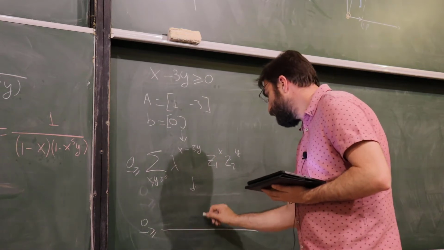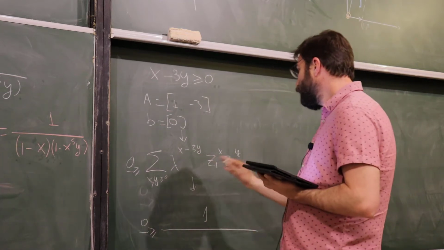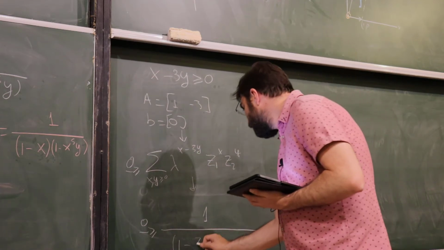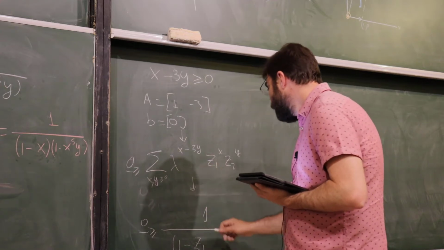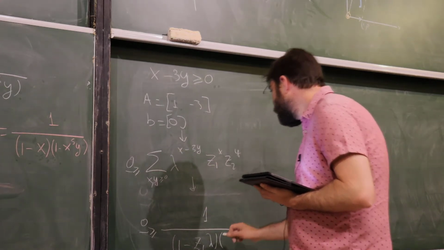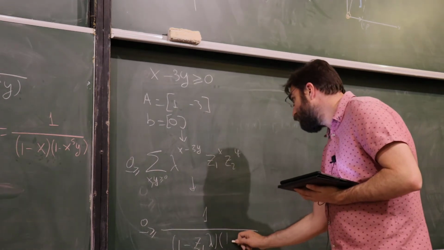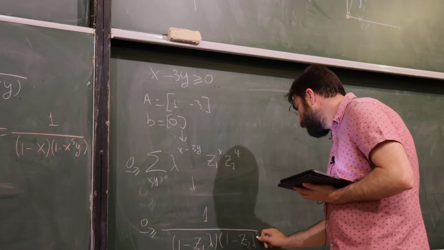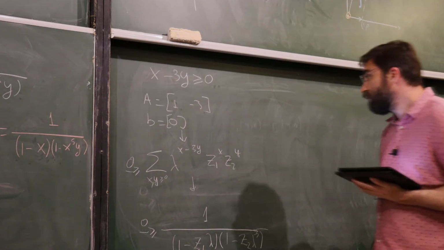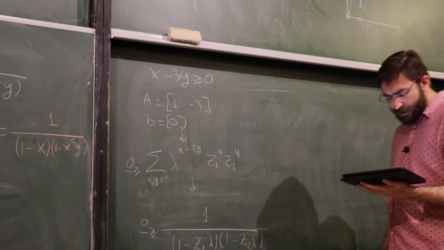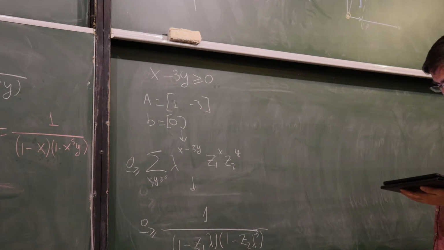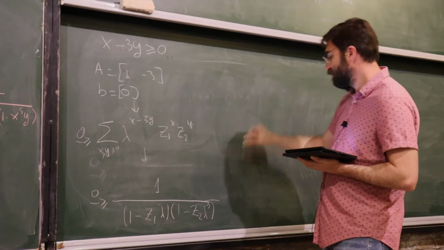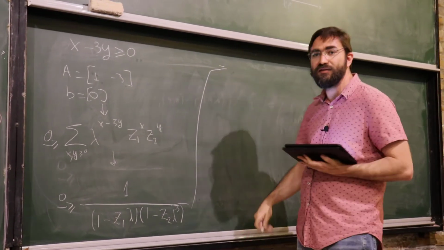So we have 1 in the numerator, and in the denominator, if we gather together the things for x, we have 1 minus z1 lambda, right? And 1 minus z2 lambda cubed, lambda to the minus 3, sorry. Okay. Good. What is this? Equals?